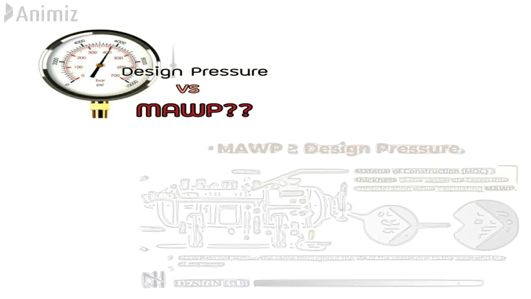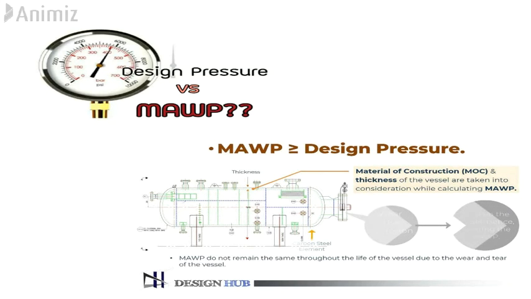Suppose 4 mm thickness metal sheet is required as per calculation, but in the market standard metal sheets are available in thickness of 3 mm or 5 mm. Then he will use 5 mm metal sheet for fabrication of the pressure vessel. So in this case, MAWP is greater than design pressure. For a vessel which only meets the minimum requirement imposed by design pressure, MAWP is equal to design pressure.